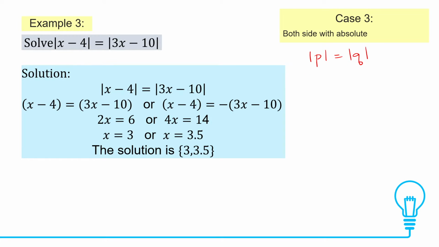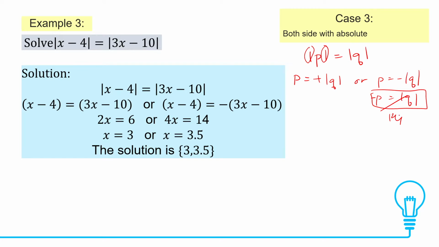Okay, so when I want to break this one, we get one positive and another one negative. But this one I shifted my negative here, negative P equals absolute Q. But we already said absolute is impossible to get a negative, so this one is rejected.